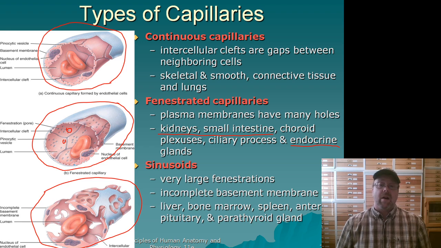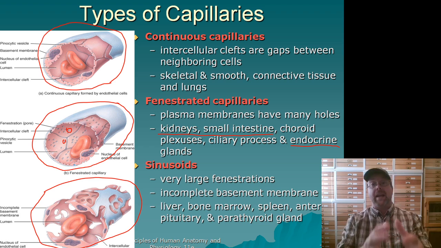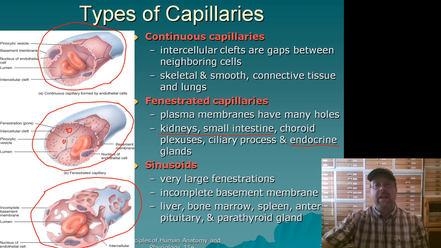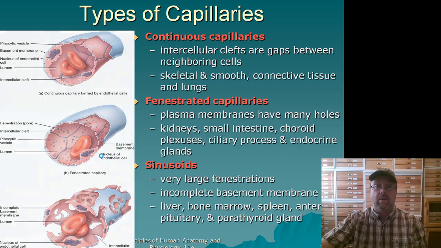So places like our liver, bone marrow, spleen, these three places are moving entire cells. We are making red blood cells in the bone marrow and we're putting it out there. We are recycling red blood cells in the liver and spleen. So entire cells can move through these capillaries. And so we have these three different types of capillaries for three different functions. What do we have to move across the membrane?